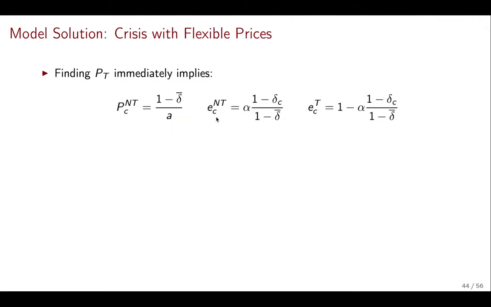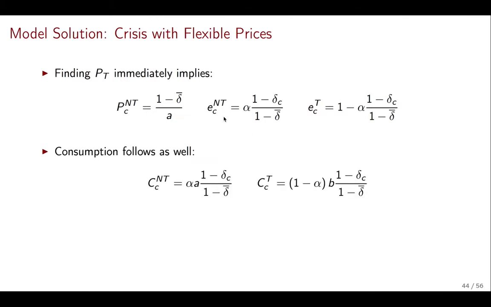And so even though prices are flexible in this economy, we do recover the fact that counties who are hardest hit by the recession in demand, by the decrease in demand, also have the largest decreases in non-tradable employment. While counties who are not so hard hit by the decrease in demand are going to have lower changes and actually positive changes in non-tradable employment.